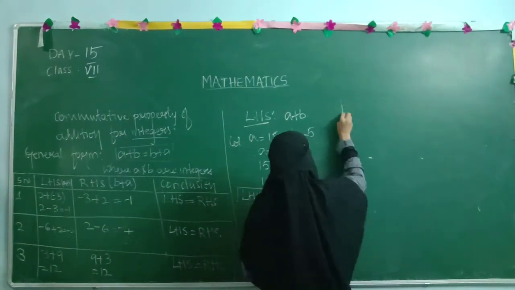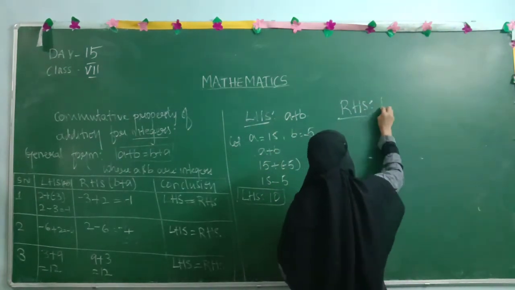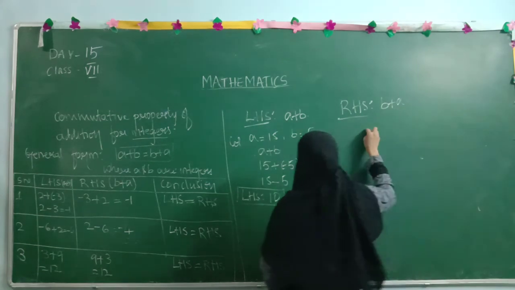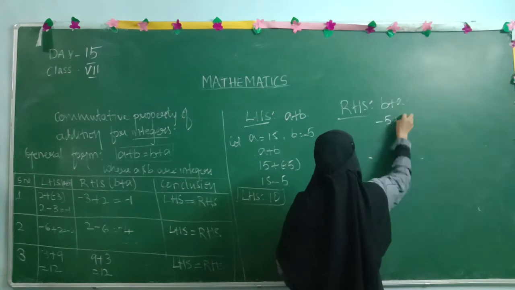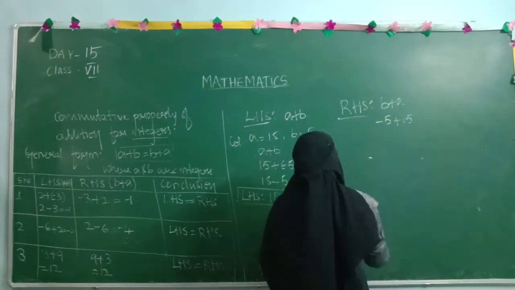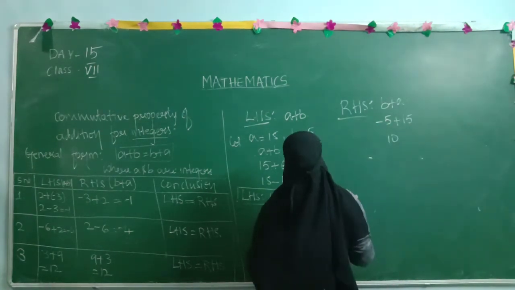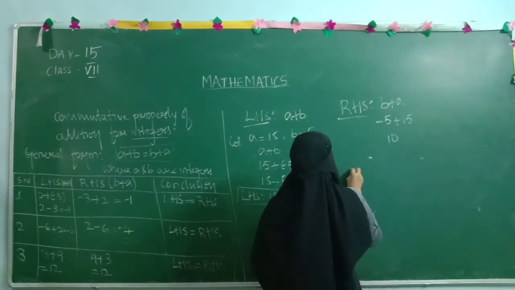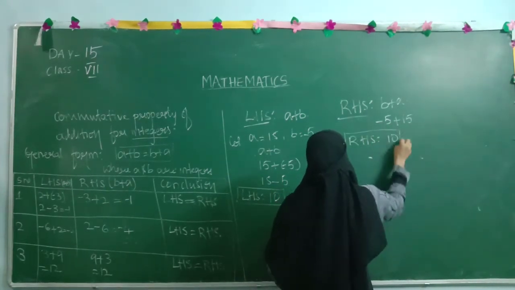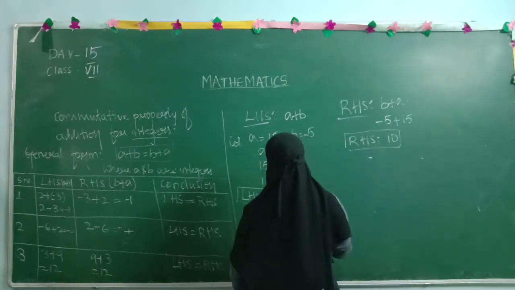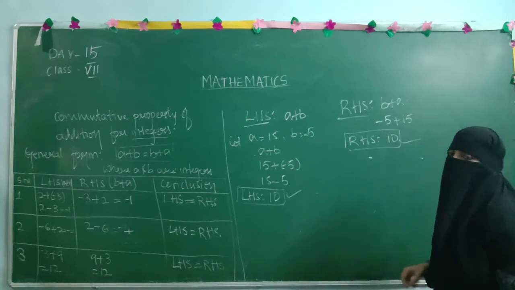Now let's check out the RHS part. What is RHS? Yes, exactly, the RHS is b plus a. What is the value of b? Yes, b is minus 5 as you have taken. So minus 5 plus 15. Again you need to do the subtraction, so 15 minus 5 is nothing but 10. So this 10 is your RHS. RHS you are getting as 10. So by this LHS part and RHS part, it is very much clear that LHS and RHS both are equal.